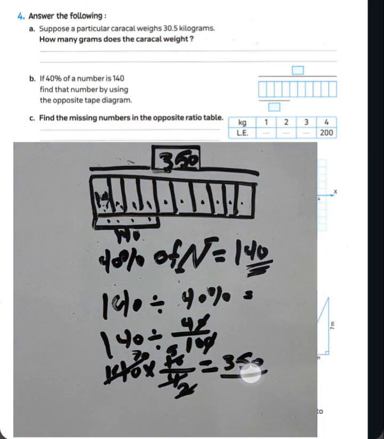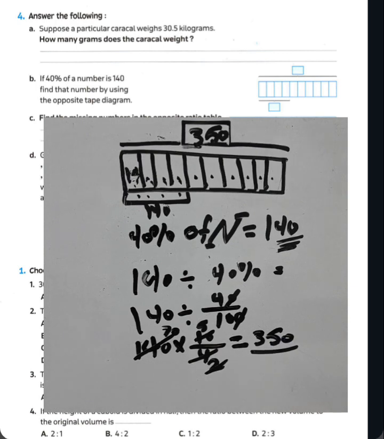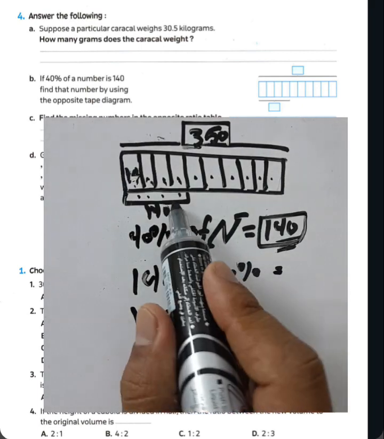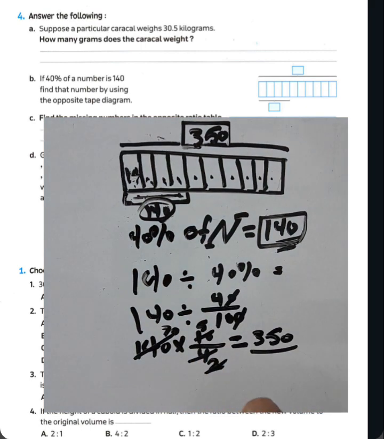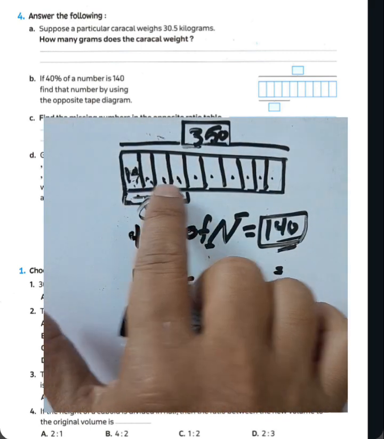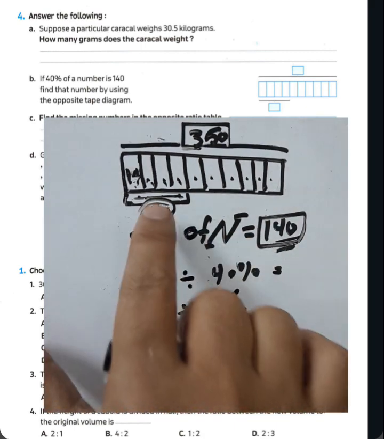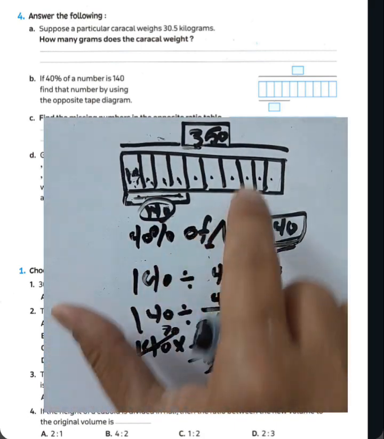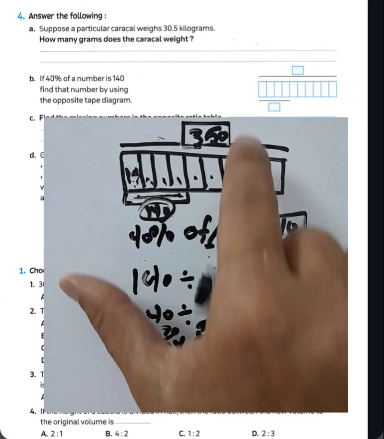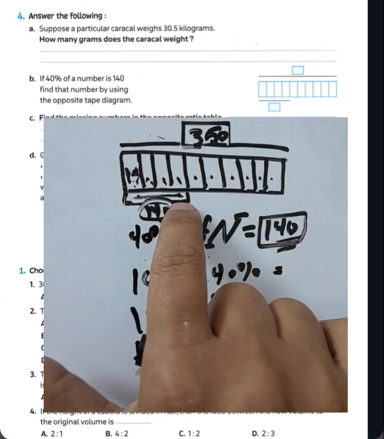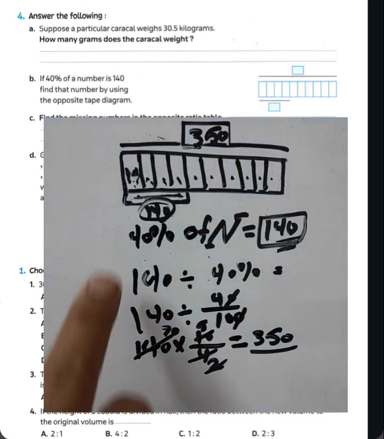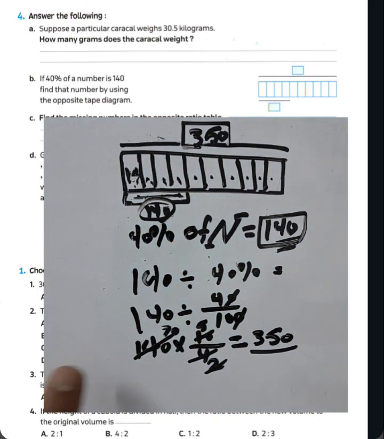Understood? Again, he tells us 40% of a number is 140. Then 140 here is the part. Write the part here, 140. Okay, and 40% here, 1, 2, 3, 4. 40% refers to 140. You want to find the whole number. To find the whole number, you must divide the part by the percent. 140 divided by 40%.